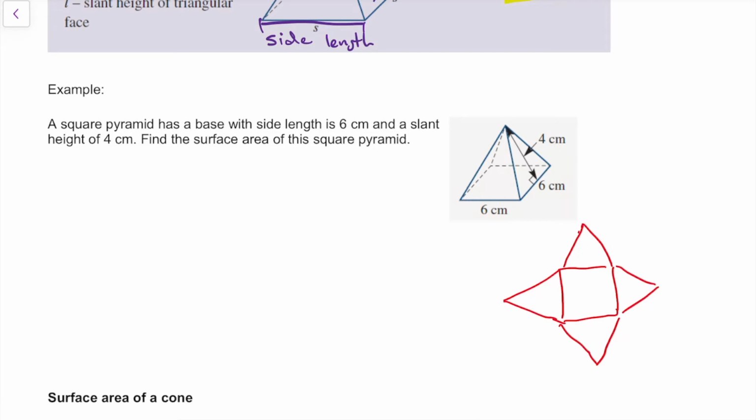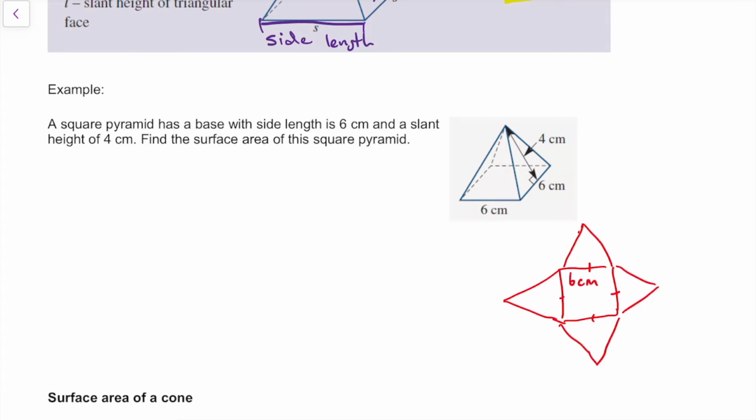Now, if we were to draw this properly, every triangle would be the exact same size, and the square would be a perfect square if we were using a ruler. In the net, we can put in that these sides here are the same, and they are all 6 centimeters as per the diagram.